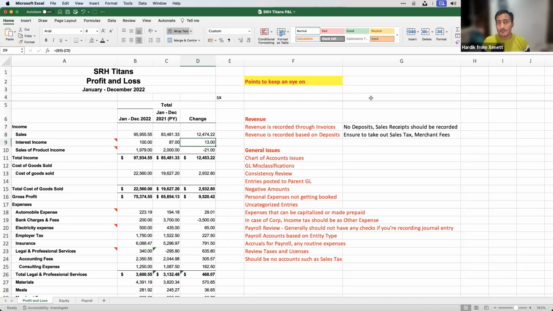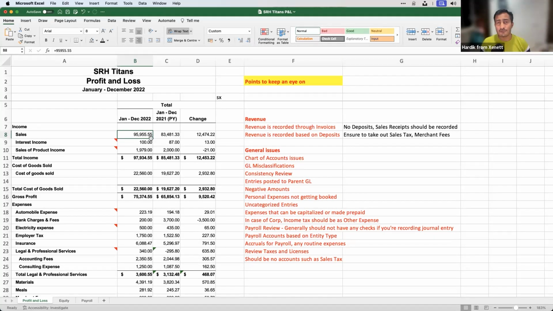Depending upon how the revenue is recorded, we need to review it accordingly. If I am looking at this revenue and I see all the different customer invoices being recorded, I would not expect any bank deposits or sales receipts recorded to this account.